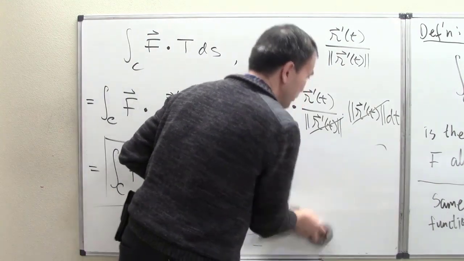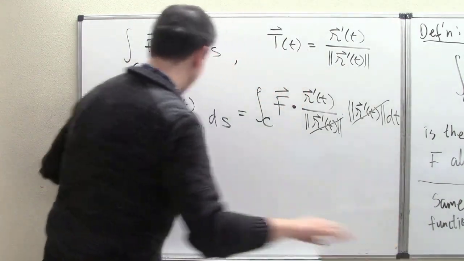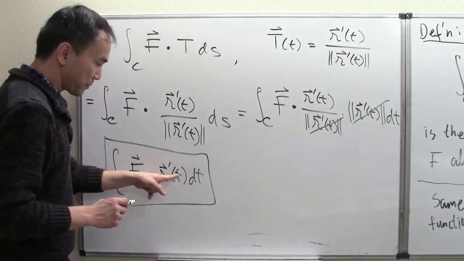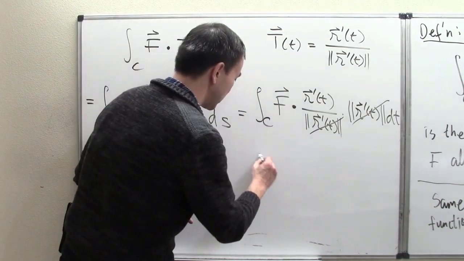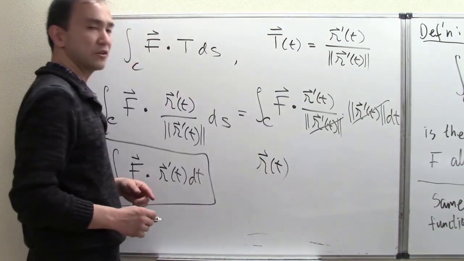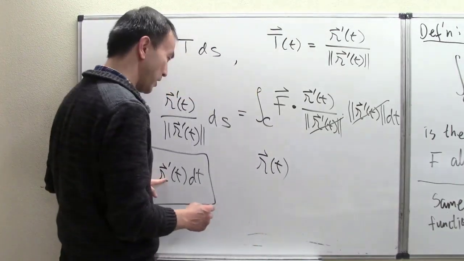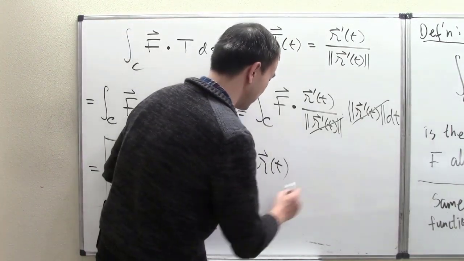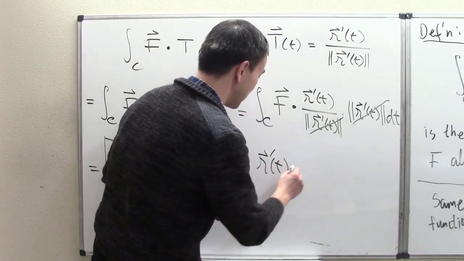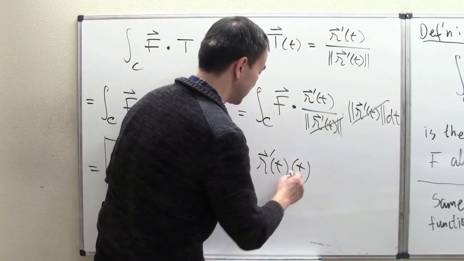Now I can erase this away, and let's look further. Now R prime dt. Think about a vector-valued function r of t.